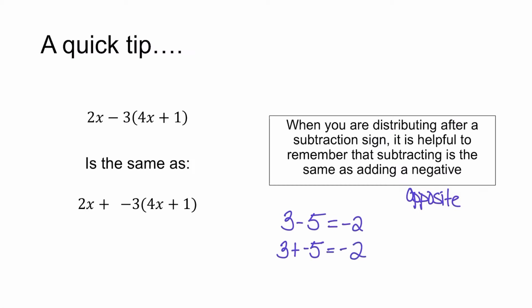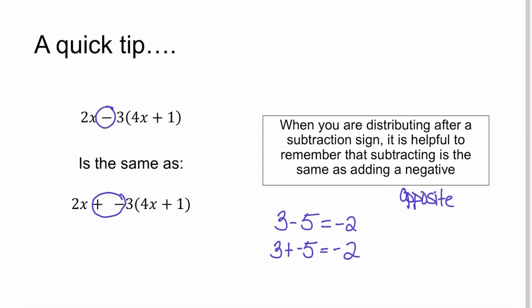So you see here I have 2x minus 3 times 4x plus 1. I'm going to turn that into 2x plus negative 3 times 4x plus 1. So instead of this subtraction, I turn this into adding the opposite. And that's going to make it a little bit easier for me to distribute when I'm working with this problem. So let's look at that. We have 2x plus negative 3 times 4x plus 1.